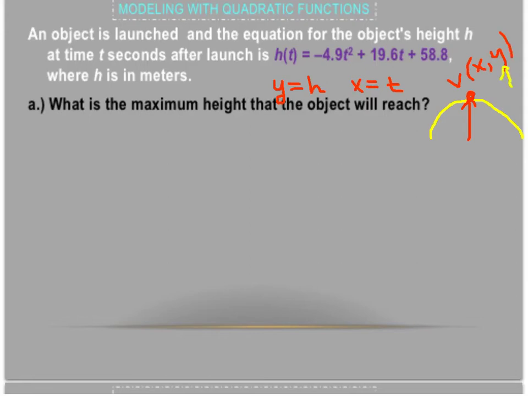It's the y-coordinate that is going to tell me the max height, because remember, when we're talking about y, we're talking about h in this problem. So, in order to get to the y-coordinate of the vertex, I first have to find the x-coordinate. So negative b over 2a gives me the x-coordinate. So that's negative 19.6 over 2 times a.